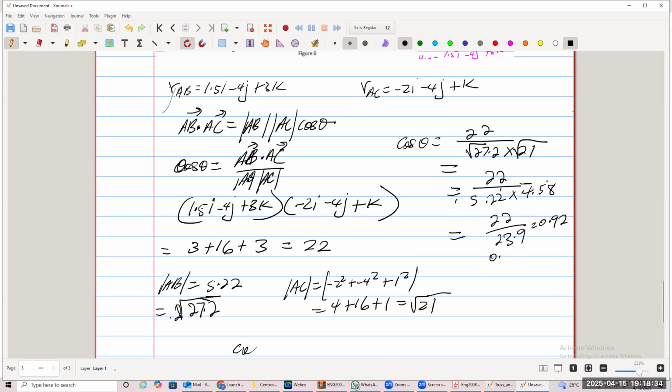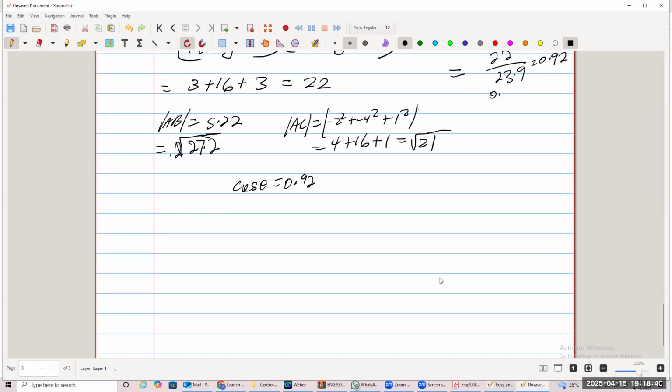Right, so cos theta is equal to 0.92. Right? And so theta is the cos inverse of that. Anybody check the working? Okay, so it is the cos inverse of 0.92.